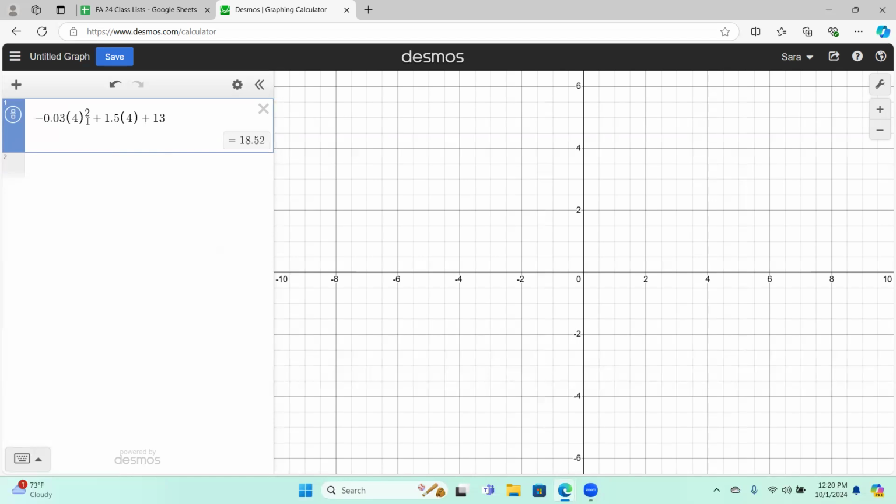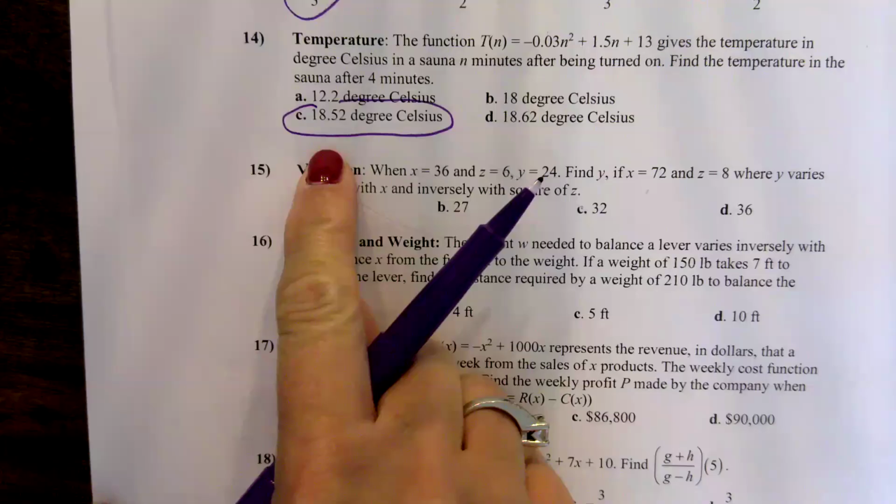And it looks like 18.52, so letter C is it. I'm gonna go back and share my screen again. So letter C.